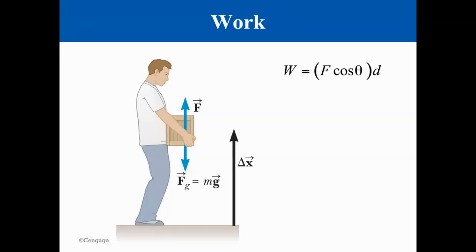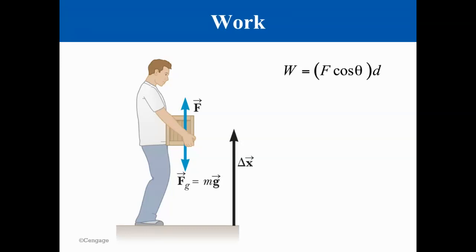Yeah. So again, work can be either positive or negative. That's important to note. In our definition of work, which is F and d, both of those are typically not negative. That means work is positive or negative depending on whether cos theta is positive or negative. Obviously, cos theta can be negative or positive depending on the angle.